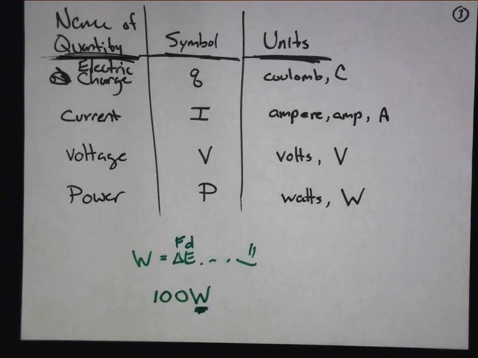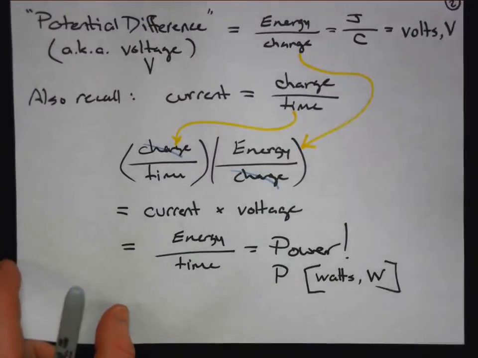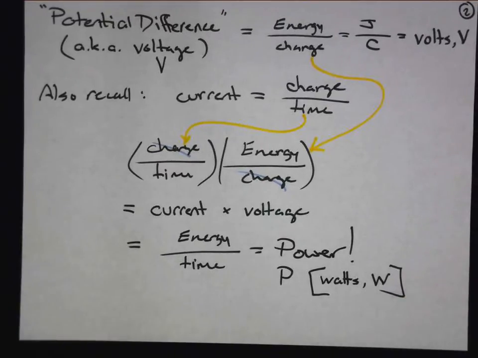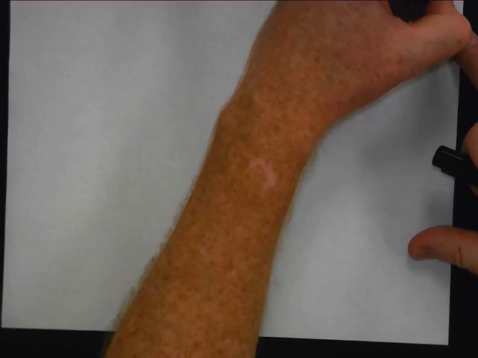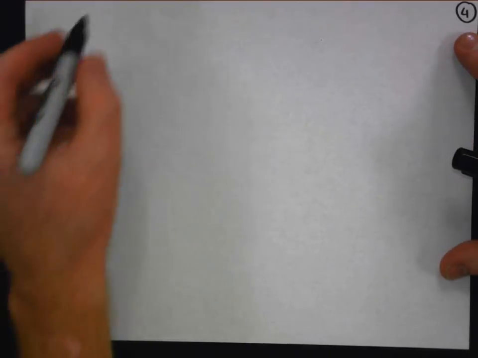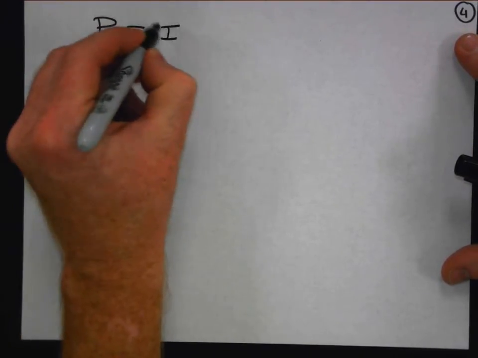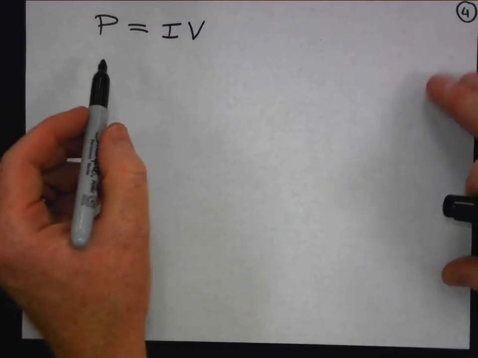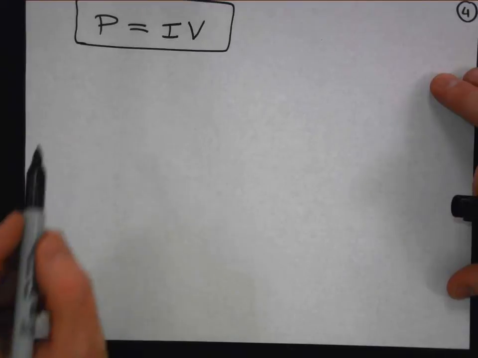Cool. Now, from this dealie right here, current times voltage gets you power. Let me rewrite that for you. We have power equals current times voltage. This right here is one of the very important equations for electric circuits.